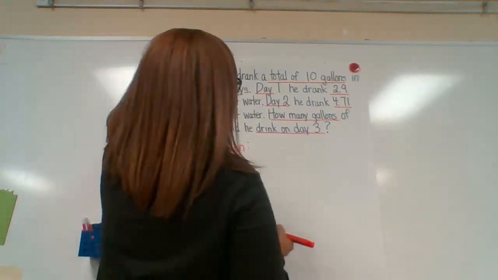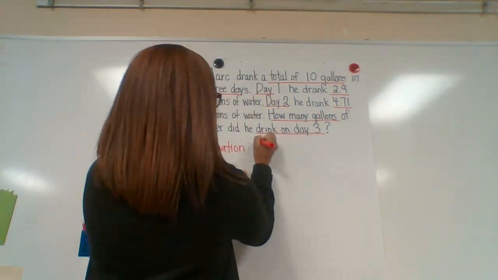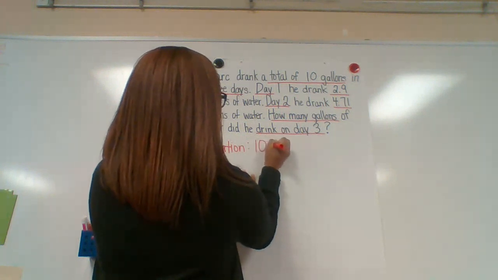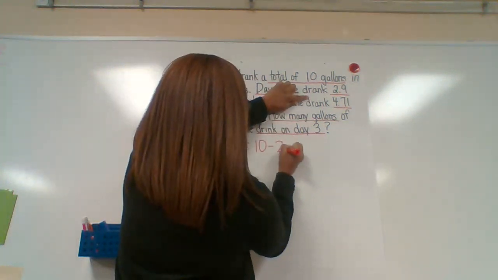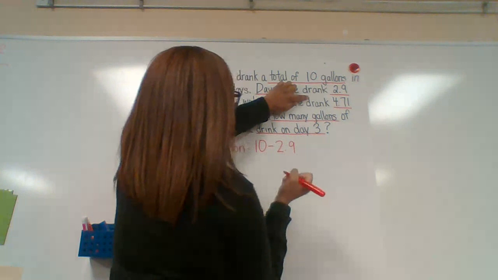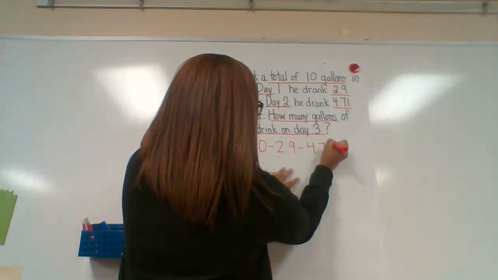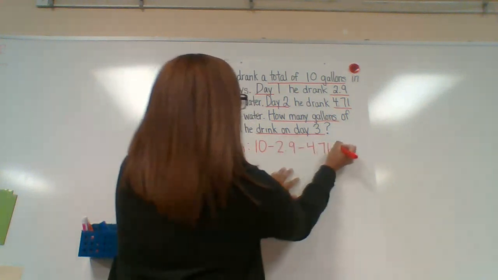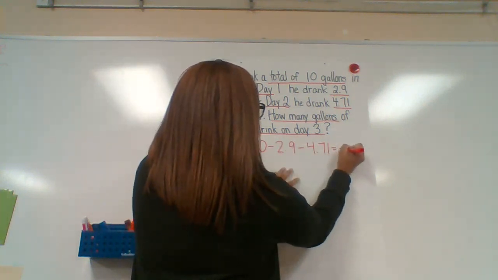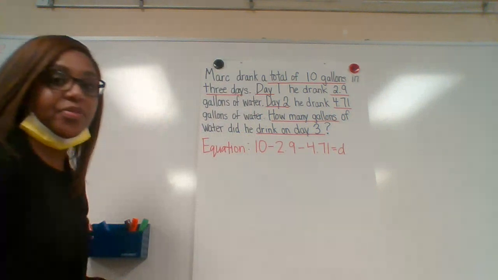So my equation would be a total of 10 minus 2 9/10 on day one minus 4 7/100 on day two is going to tell me D, what he drank on day three.